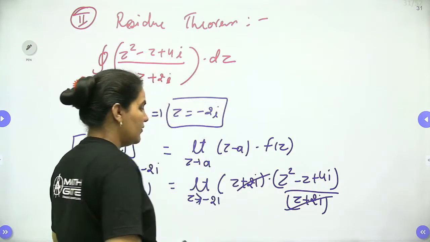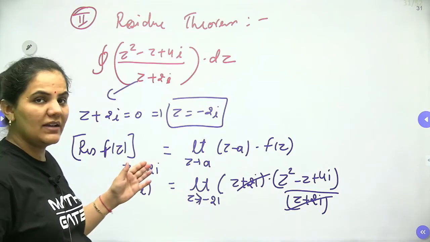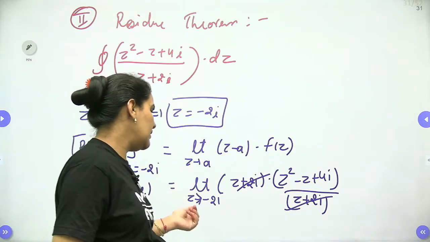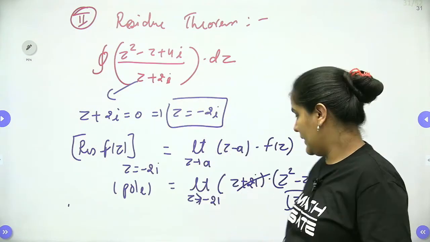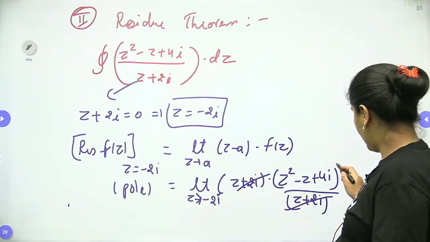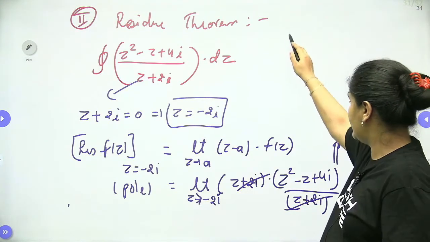We can cancel out z plus 2 iota. When we approach the limit here, what will it become, guys?